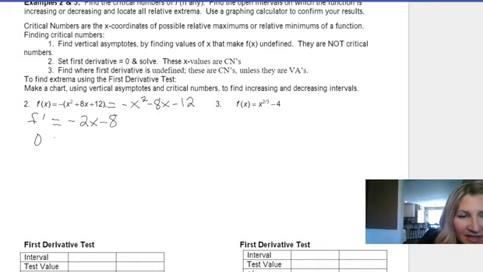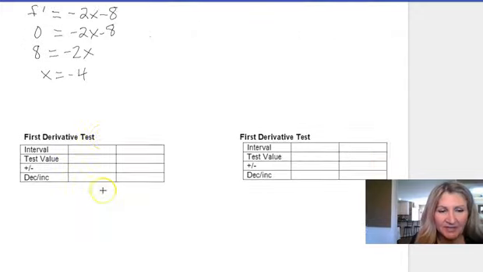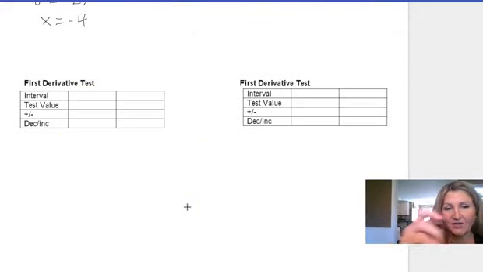Now we have to set that equal to 0. Negative 2x minus 8 equals 0. Bring the 8 over. 8 equals negative 2x, and so x equals negative 4 is going to be the critical number.